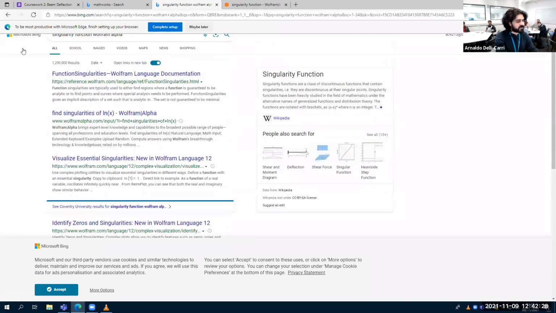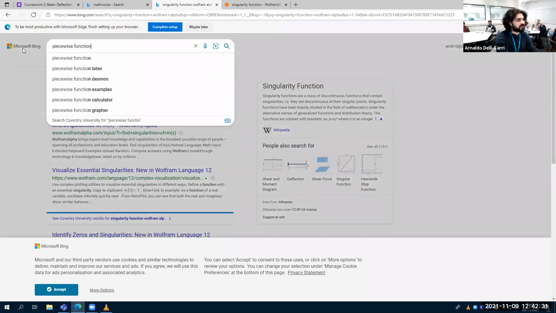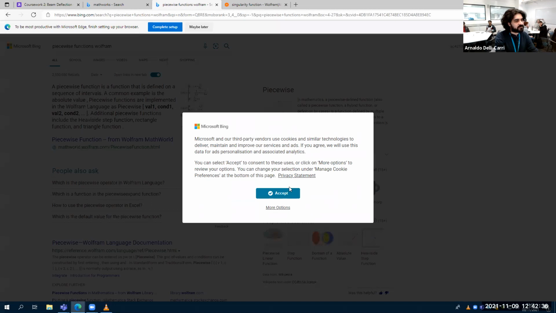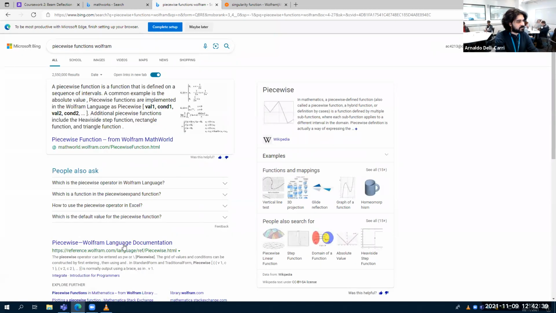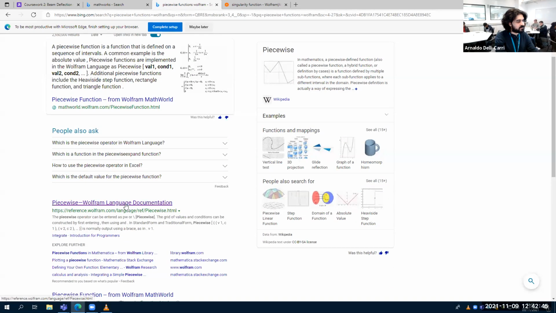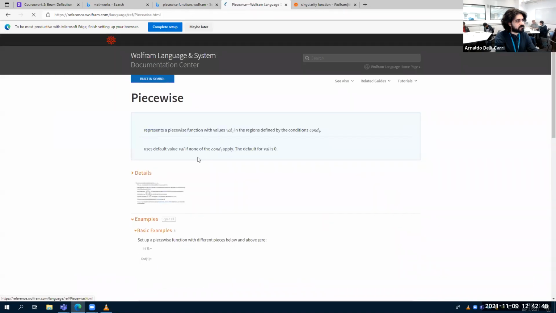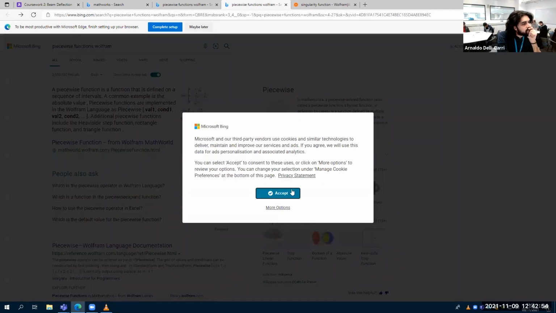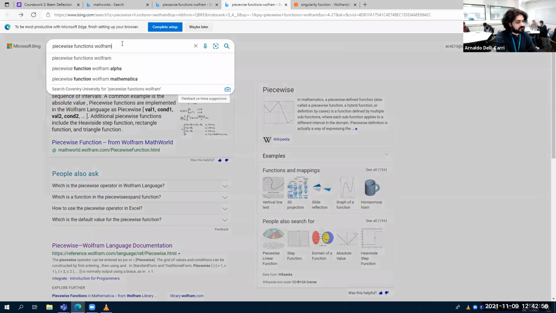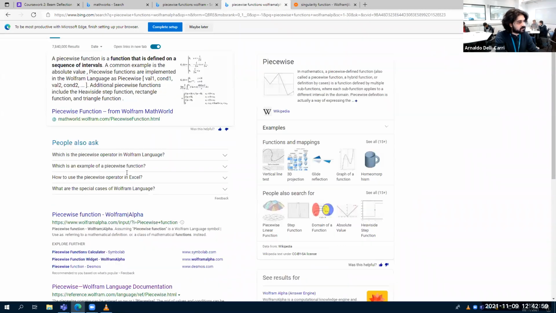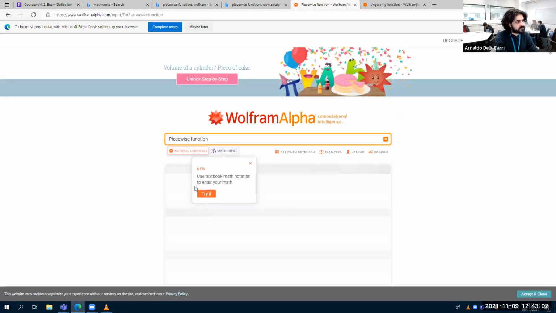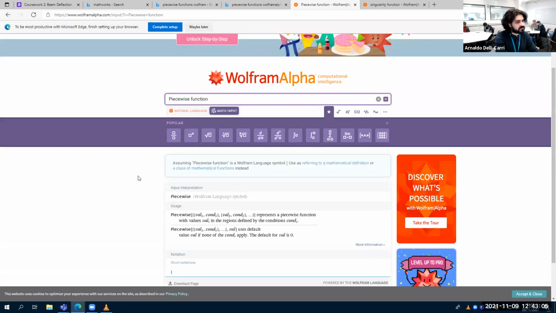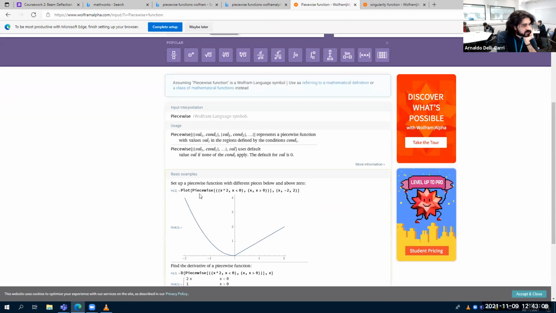Let's say piecewise functions. In Desmos, the domain is the funny bracket. I think it's easier. Okay, so it's something like this.